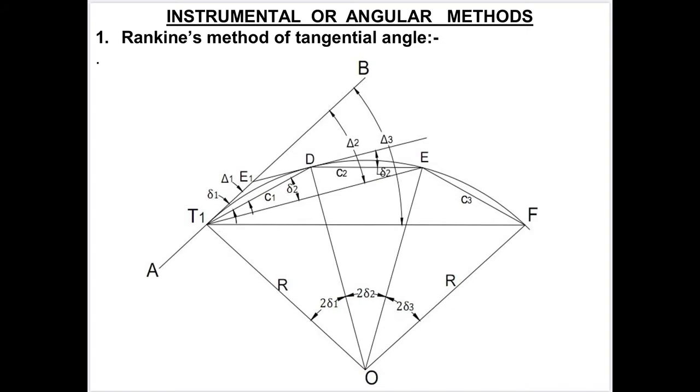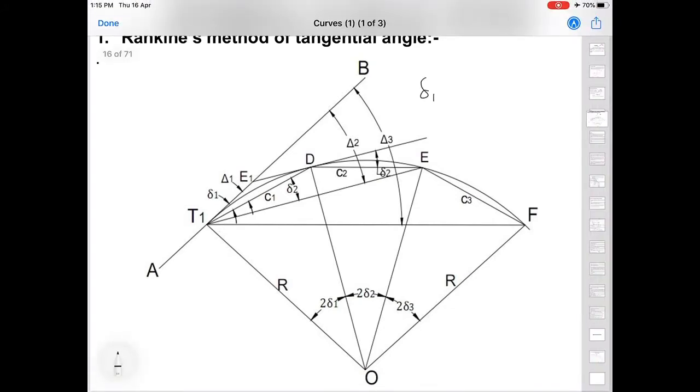Now to find the deflection angle, delta 1, we use a simple formula. Delta can be found by using the formula 1718.9 C1 upon R, where C1 is the length of your first chord, and this answer is in minutes.